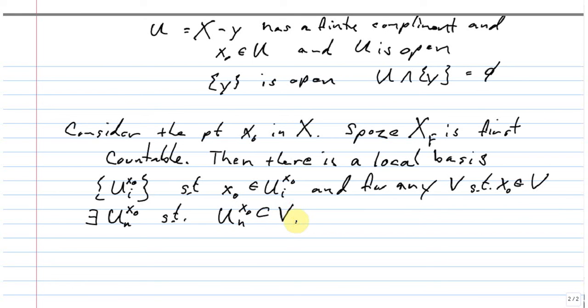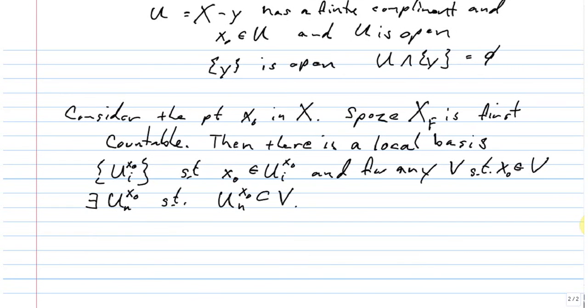That's a local basis. So any open set that contains x naught, if it happens to be first countable, also has to contain one of these local open sets, part of this local basis. So I'm going to assume that's true and show that it leads to a contradiction, or at least I'm going to start this proof.